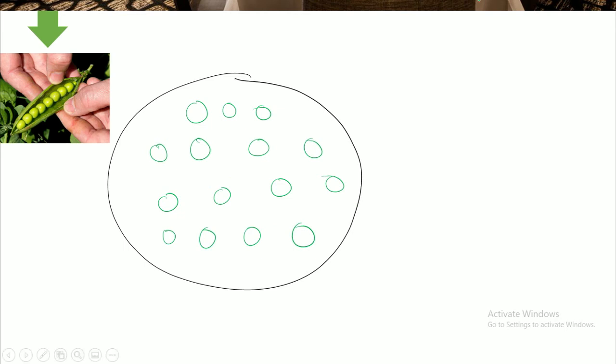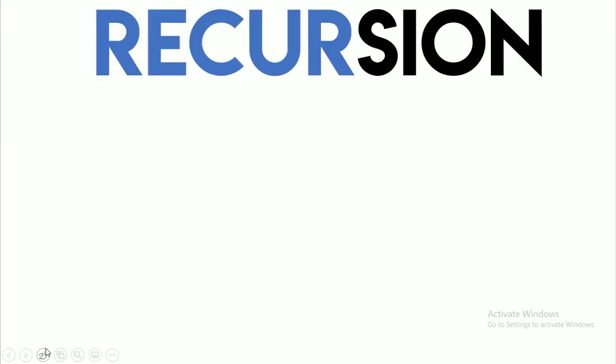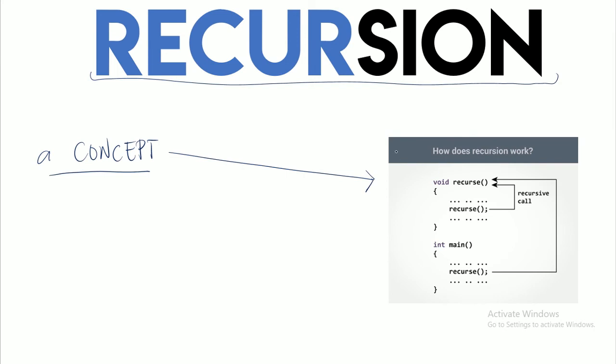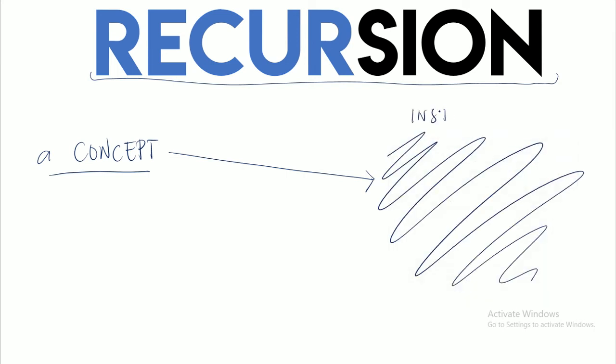Let's say for the sake of this example that we label these peas. So we'll label this P 15th, and then this one 14th, and then 13th, and 12th, and 11th, and so on.